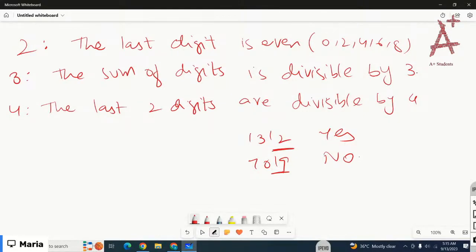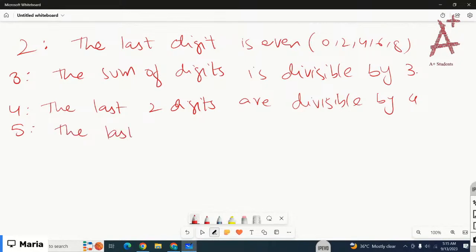Okay, the next one is the divisibility rule for 5. The last digit would be either 0 or 5. For 5, the last digit is 5 or 0. 175, you have the last digit 5.